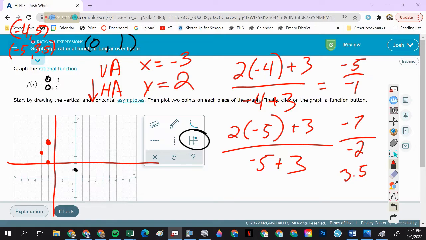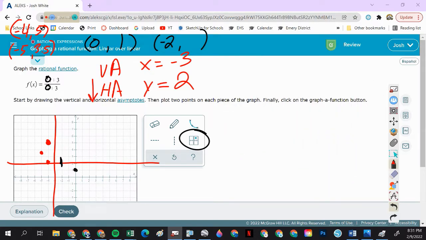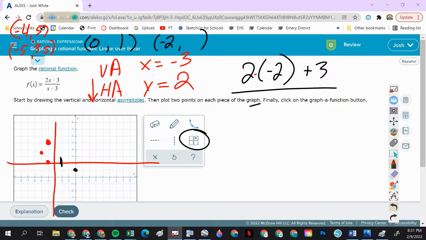So 0, 1 right here. Okay. I'm going to plug in -2. See what happens. So it will be -2 comma something. All right. What is the equation again? 2 times -2 plus 3 over -2 plus 3. So the top gives me -4 plus 3 is -1.